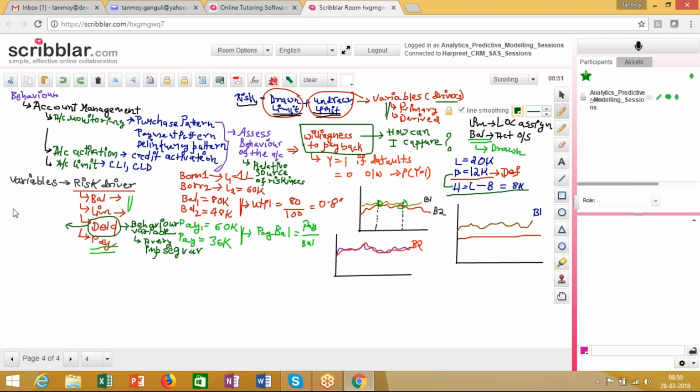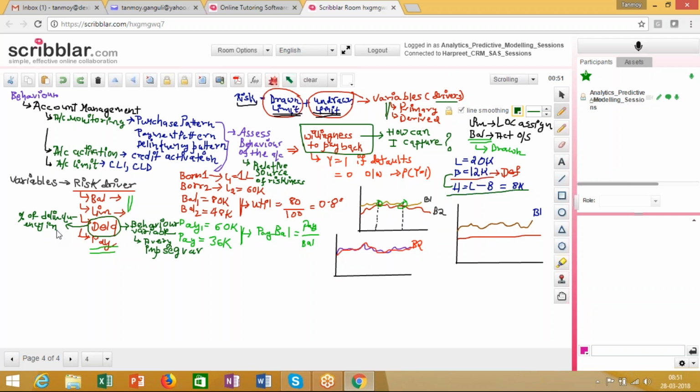So basically, one of the ways is the percentage of delinquency, the percentage of delinquency in the last 12 months.